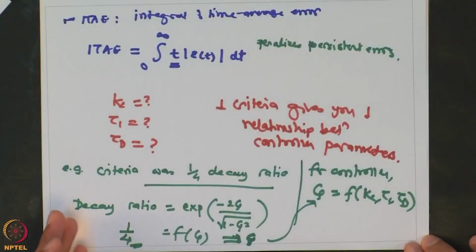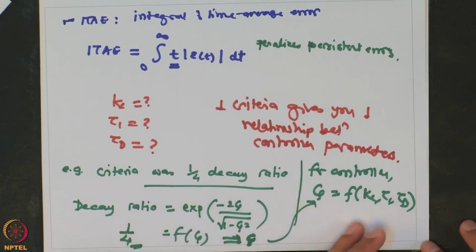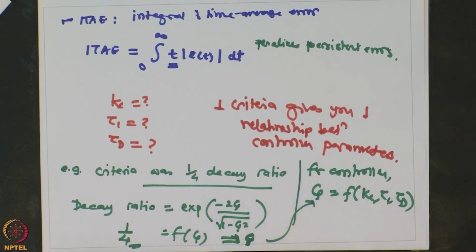However, what you would realize is that this turns out to be a very time consuming exercise because, let us say if I have to use the quarter decay ratio, then you would require a relationship between damping coefficient and decay ratio, and you would also require a relationship between controller parameters and damping coefficient. So a lot of process transfer function information is required.